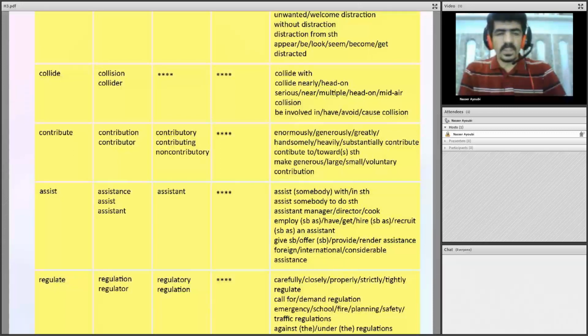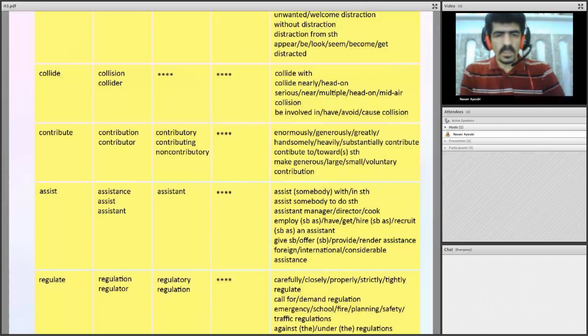For example, smoking is a contributory cause of many diseases. Contributing, another adjective. Non-contributory is the opposite of contributory.